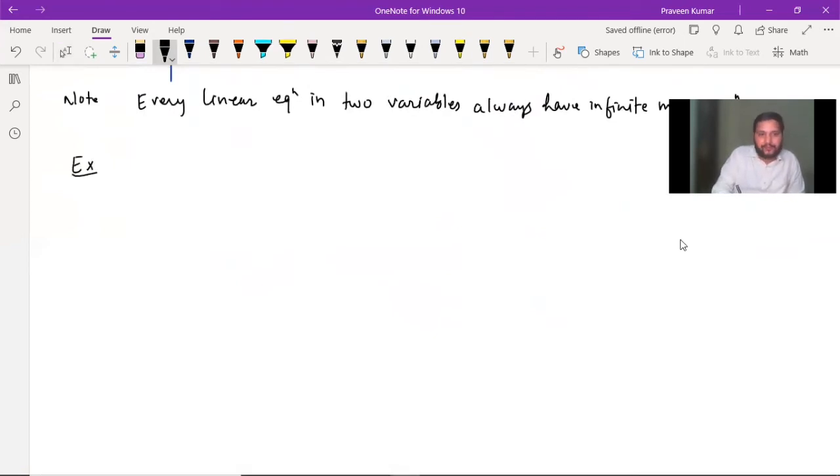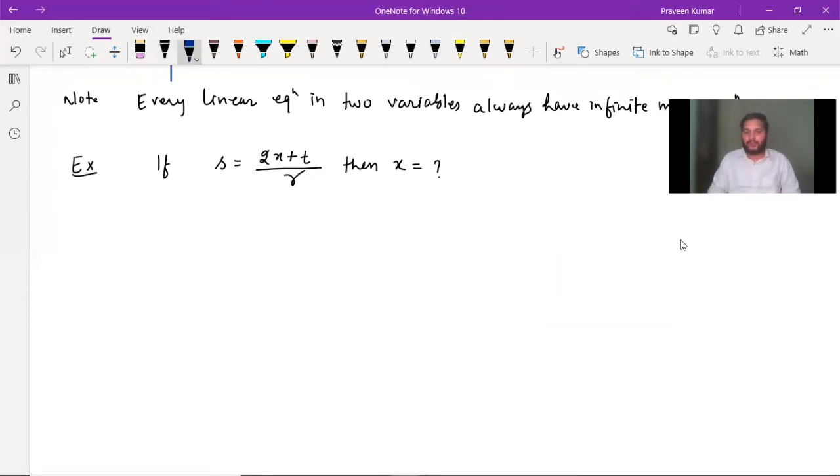Example 1. If S is equal to (2x plus t) upon R, then x is equal to what? So we have to get the value of x.